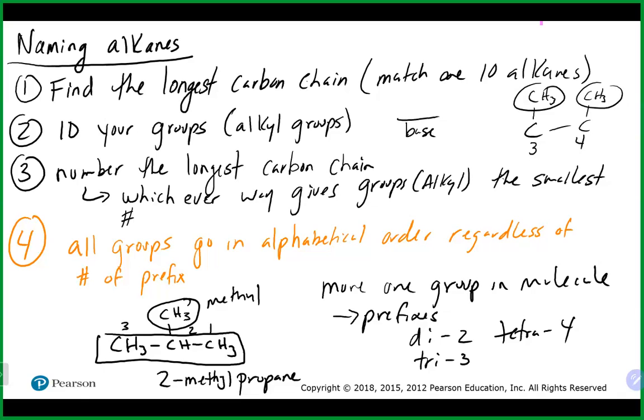When we name something like this, this would be 3,4-dimethyl, and whatever the rest of it would have been with it. So we do use a prefix to indicate that there's more than one of the same group in the compound. We still need to give the location of those groups, even if they happen to be on the same carbon. If those two groups are on the same carbon, say carbon 3, you would have to go 3,3-dimethyl and give the location of each of those groups.